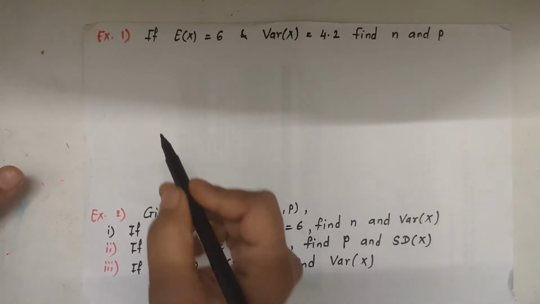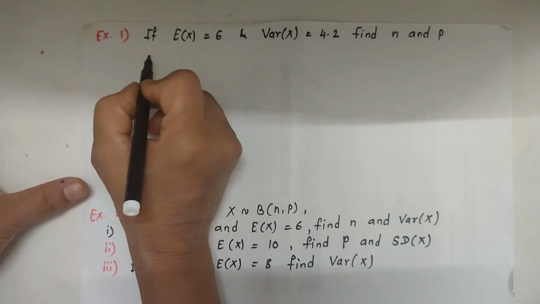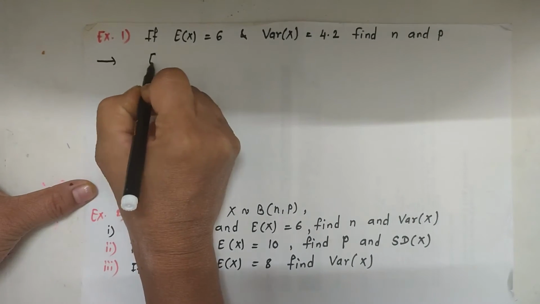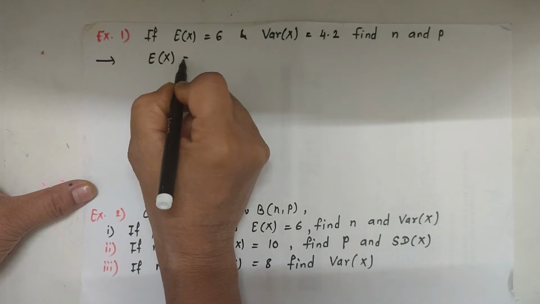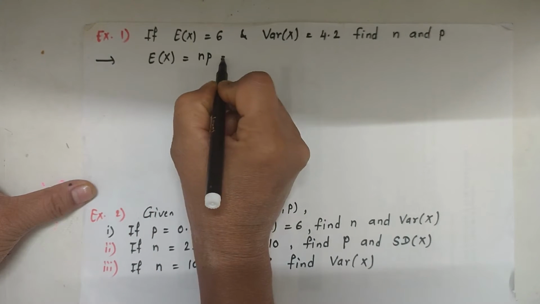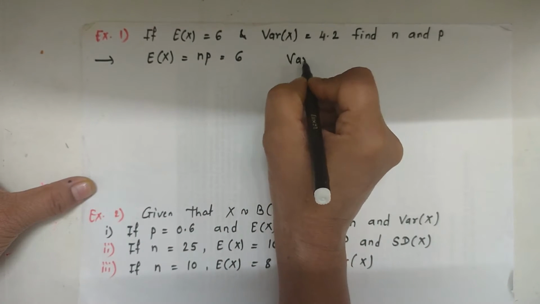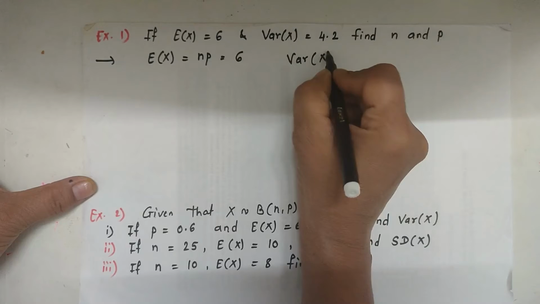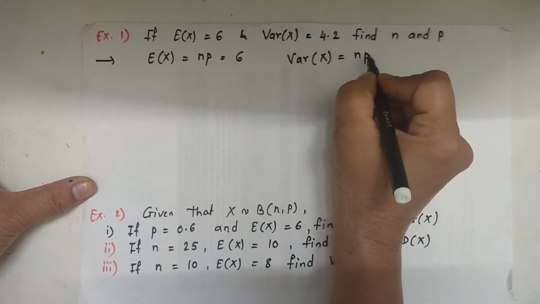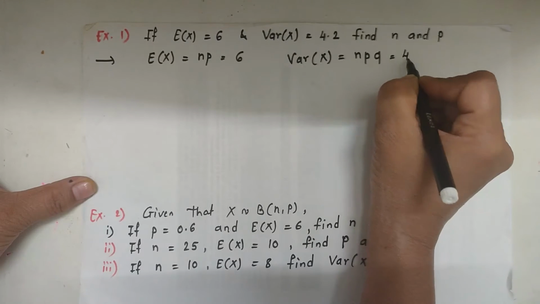Now here, the expected value and variance of the binomial distribution are given. We know the formula for expected value: E of x is equal to np, which is 6. And variance of x is equal to npq, which is 4.2.